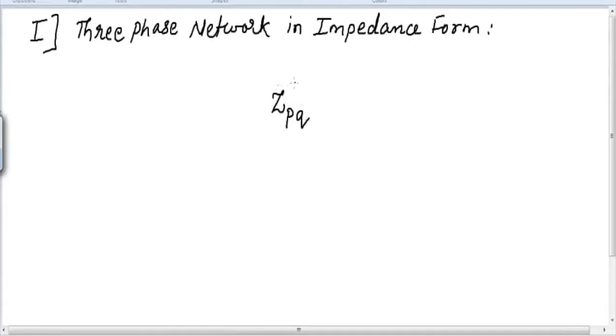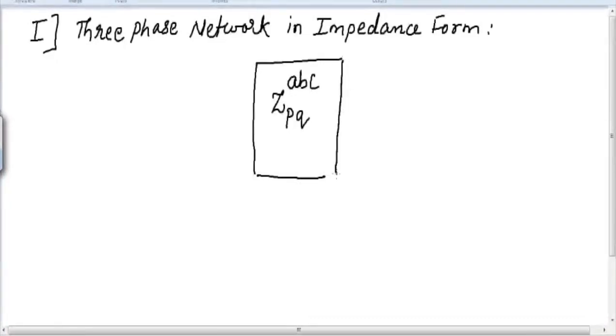So I am going to draw the diagram here, so you can also draw the diagram, and according to this diagram we will represent the three phase network in impedance form. So what we are writing here is now in the form of impedance.